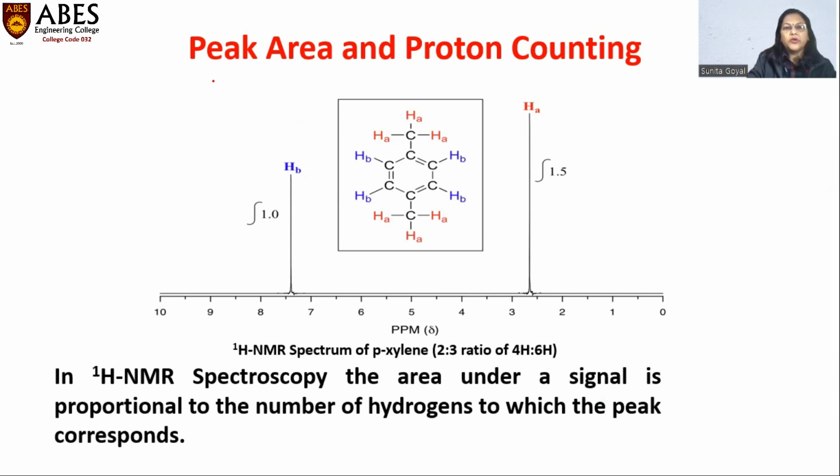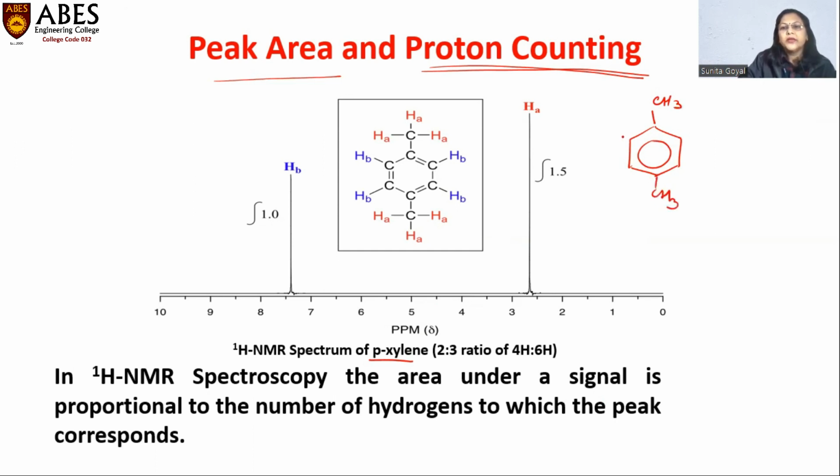Now, what is the peak area and how can we get information from it, or how can we count the protons of any type? It is an example of paraxylene. This is the molecule of paraxylene. It is an aromatic ring, and here we have CH3. Here CH3 is there.